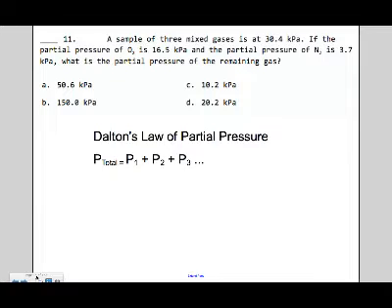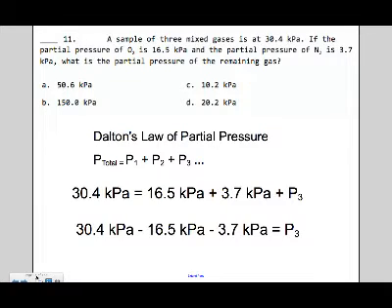So we're missing the third gas, or could be more than one gas, but the remaining gas or gases make up the difference between 30.4 and the sum of 16.5 and 3.7. So you take 30.4, subtract 16.5, subtract 3.7, and you'll get the final pressure, which is 10.2, and that is answer choice C.